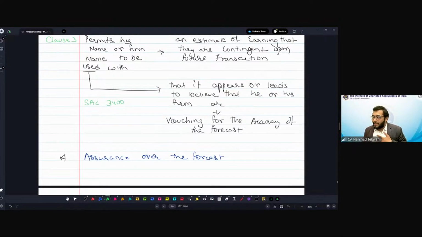There we will be discussing forecast, hypothetical assumptions, projections, all those things, but we cannot provide an assurance when it comes to vouching the accuracy of the forecast. We will see in much more detail when we discuss SAE 3400 how to draft a report, and what are the things that we are required to mention in the report when we issue a report for examination of prospective financial information.